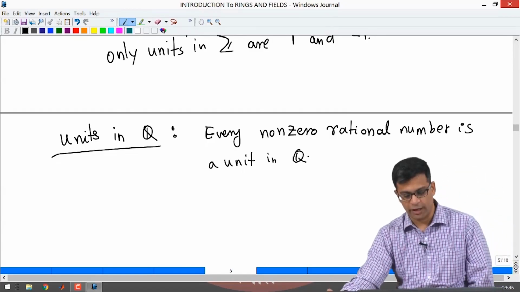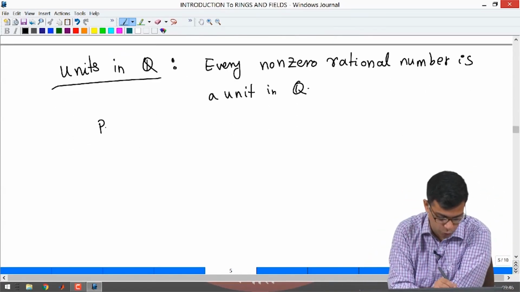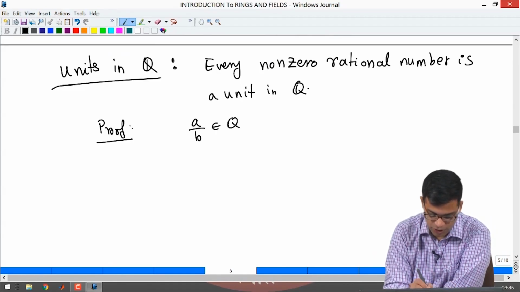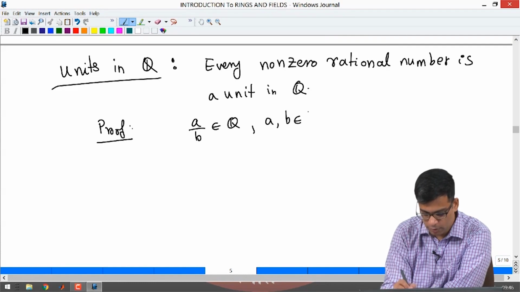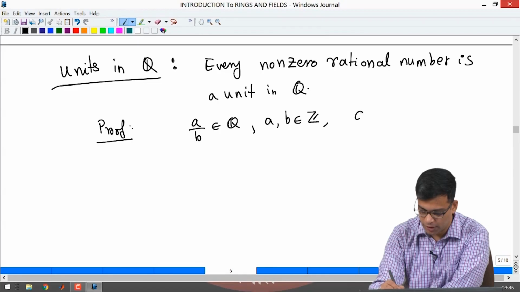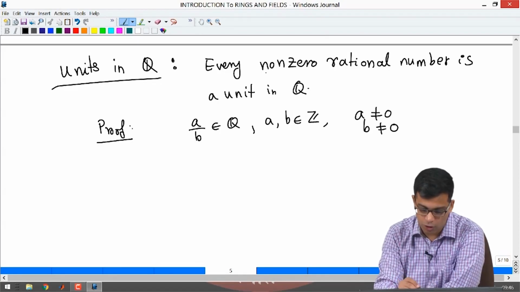Why is this? So take any non-zero rational number. What is the proof of this? Let us take a by b in rational numbers. So a and b are integers, right? Remember, rational numbers are ratios of integers, and we assume that a is non-zero and b is non-zero. We take a non-zero rational number.